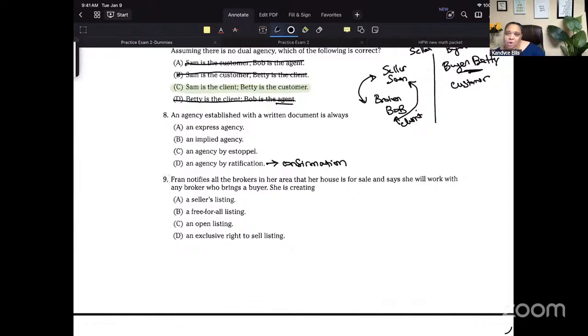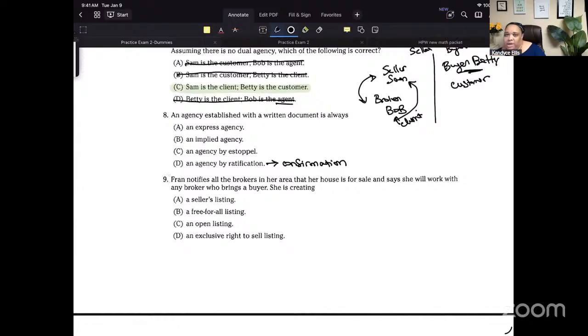If I had a client, Bill, and we didn't have anything in writing, and Bill says he's Candace's agent, and then later I certify or confirm he is in fact my agent, that's ratification.